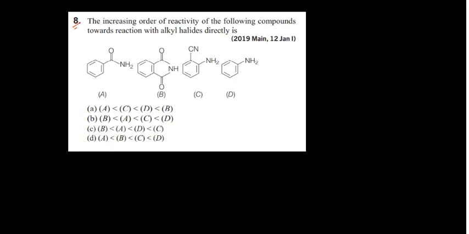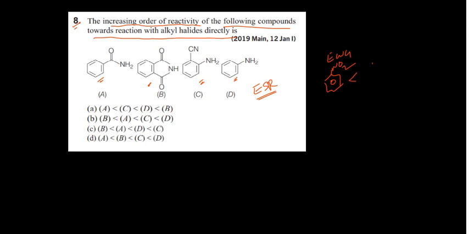Question number 8. The increasing order of reactivity of the following compounds towards reaction with alkyl halide. See here, all benzene rings are there. In the benzene rings, electrophilic substitution reaction takes place. The reactivity of benzene: suppose nitrobenzene, that means electron withdrawing groups are there, it is less reactive than normal benzene.